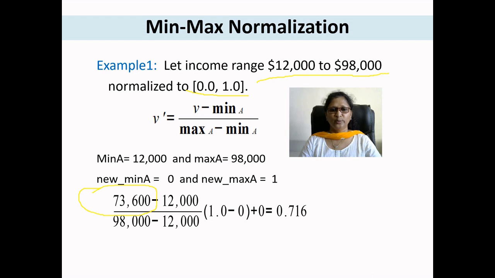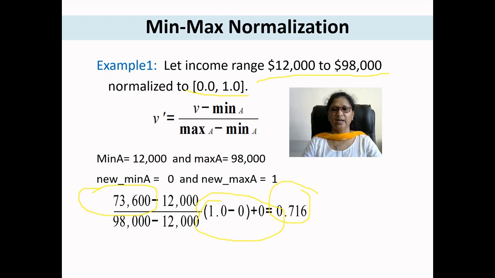So how do we compute a new mapped value for $73,600? Our formula says to subtract the minimum value from this. So 73,600 minus 12,000 divided by the range, which is max minus min, that is 98,000 minus 12,000, into the new range. We need not substitute these values, but even if we substitute, we get the new value computed for $73,600 as 0.716.